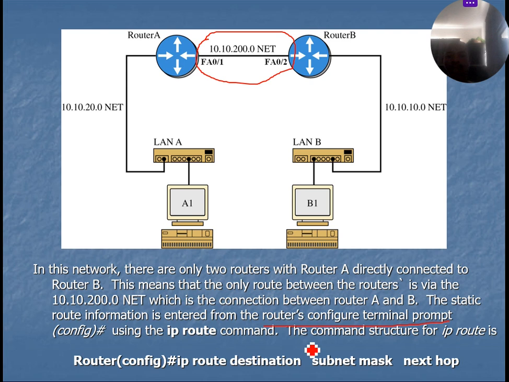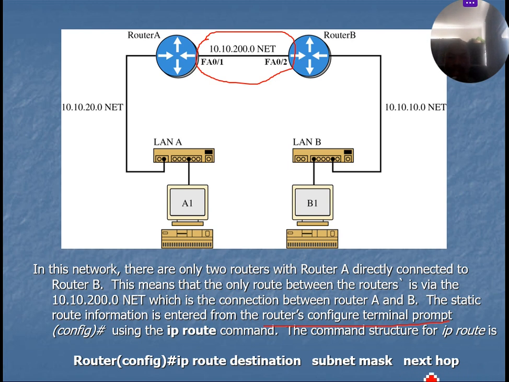This command is written exactly this way. In your router config terminal prompt, you must put which router. If it's router A, you say router A config hashtag IP route destination. Then you put the destination IP address, the subnet mask, and the next hop.